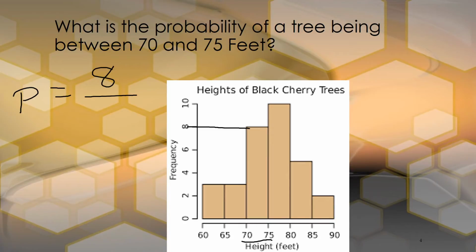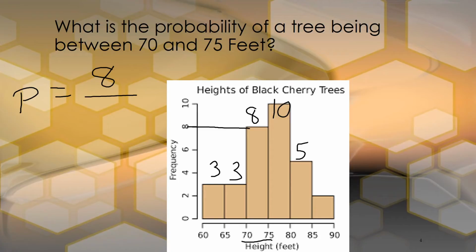And then we have to find what is the total number of trees. So we're going to add these up. We look at this first bar, it's at 3. This second bar is at 3 as well. We already know this one is at 8. This next one is at 10. Then this next one is at 5.